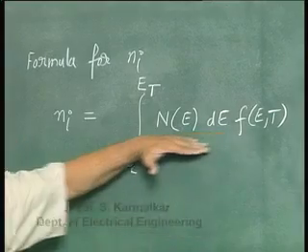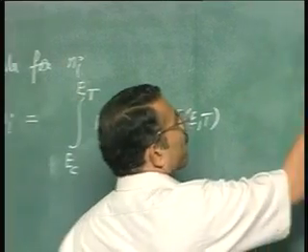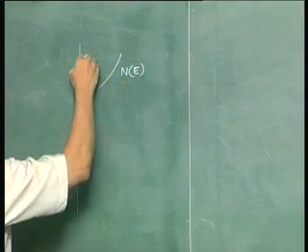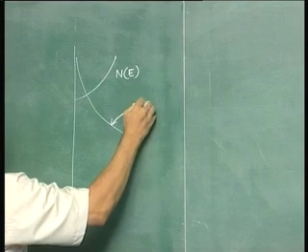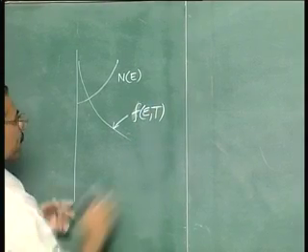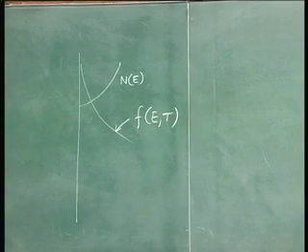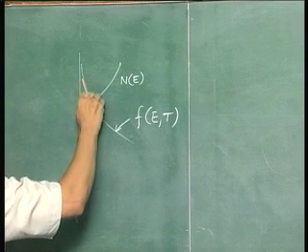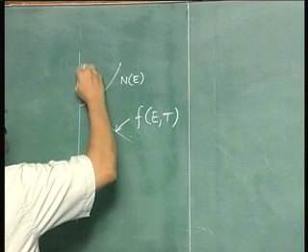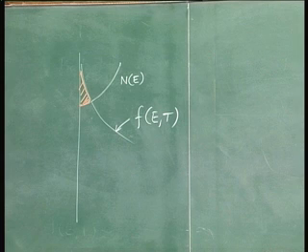How does this function look like? Multiplication of Ne into f of E, it looks something like this, and that area is the integral.